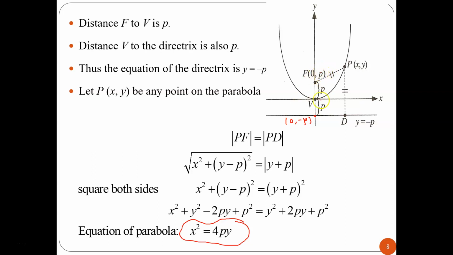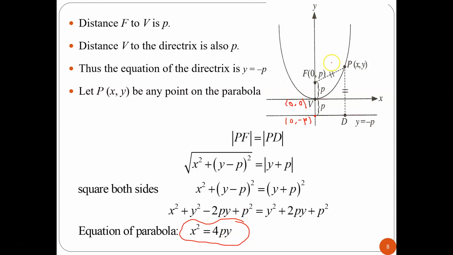This one is p and this one is vertex ni kan? Vertex kita tadi 0, 0. And the other one is negative p. The one yang changing is the y coordinate. So that's why you have a formula macam ni. X square equal to 4py. Sebutan y tu dekat belakang.